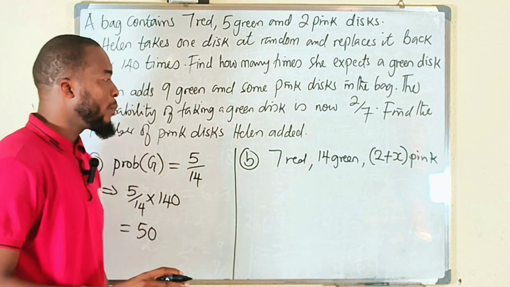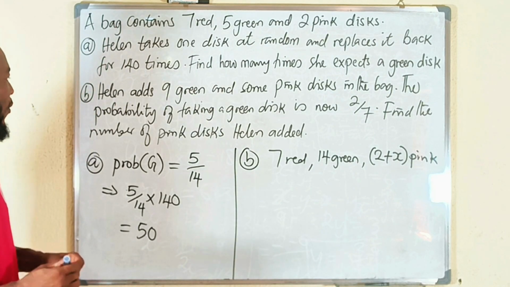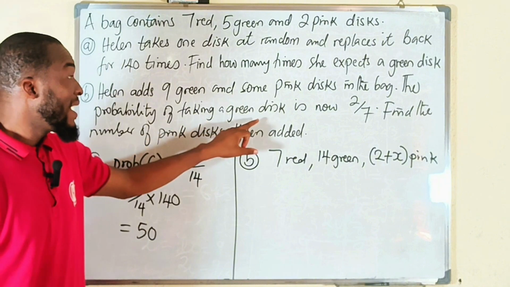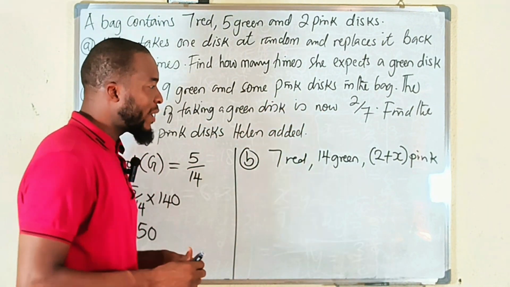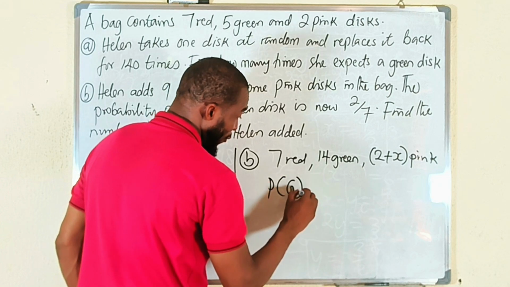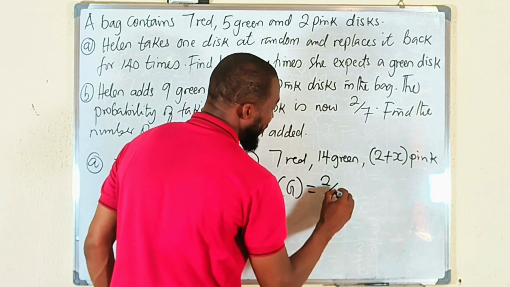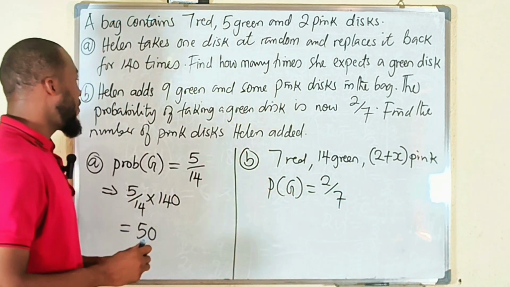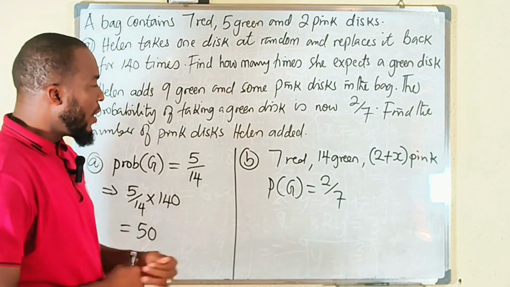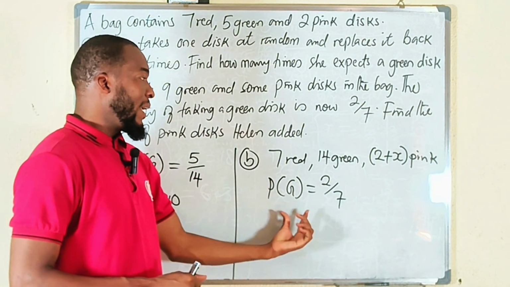This is just logical. But the question further stated that the probability of taking a green disc is now 2 divided by 7. And what is the number of pink discs added? What is a probability?